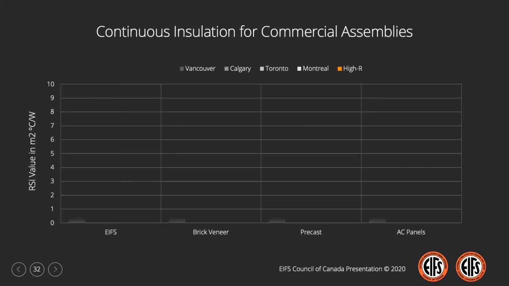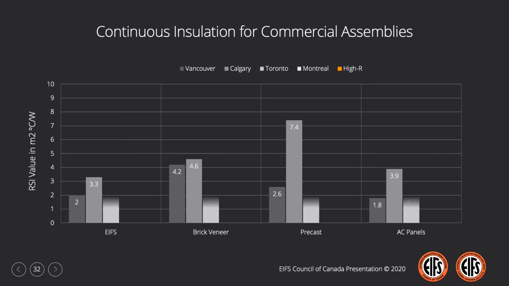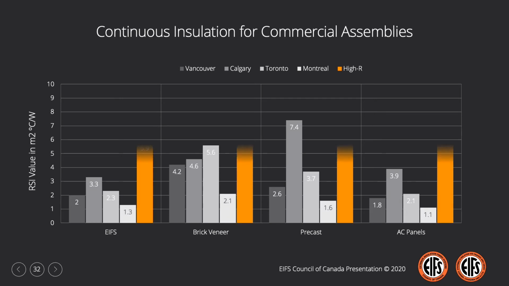So looking now in summary at the required CI for various assemblies in order to meet the target R value as established by our EIFS wall assemblies, you can see the range in thicknesses for the various locations and our selected wall assemblies for brick veneer, precast, and AC panels. What you may notice is that the variety of insulation thicknesses needed to meet the target R value across the alternatives is much broader than what we saw in the residential examples.